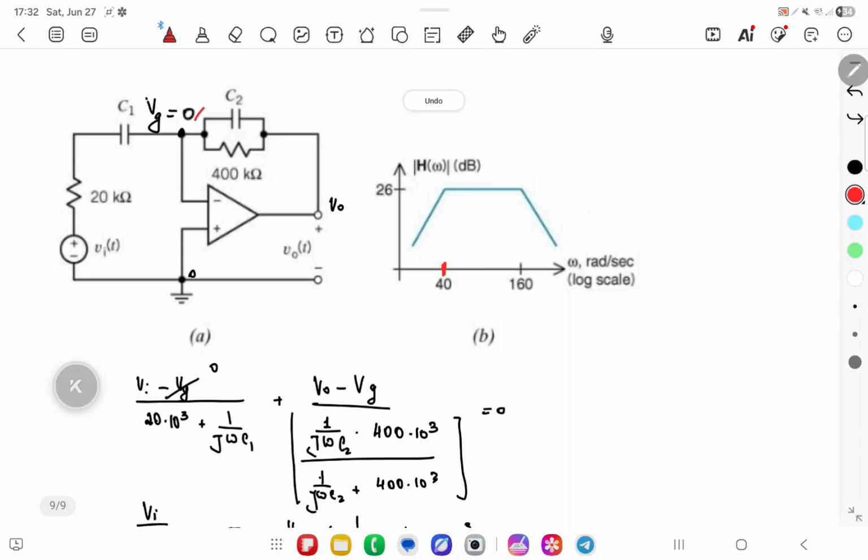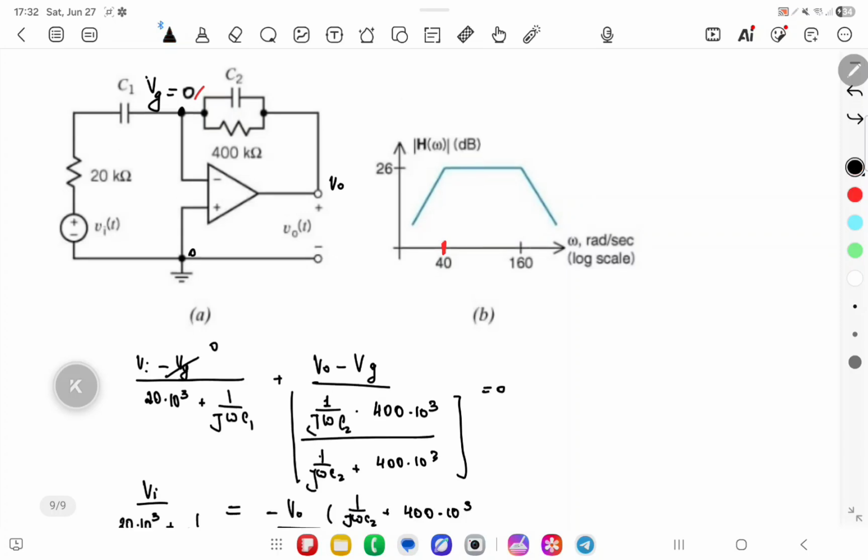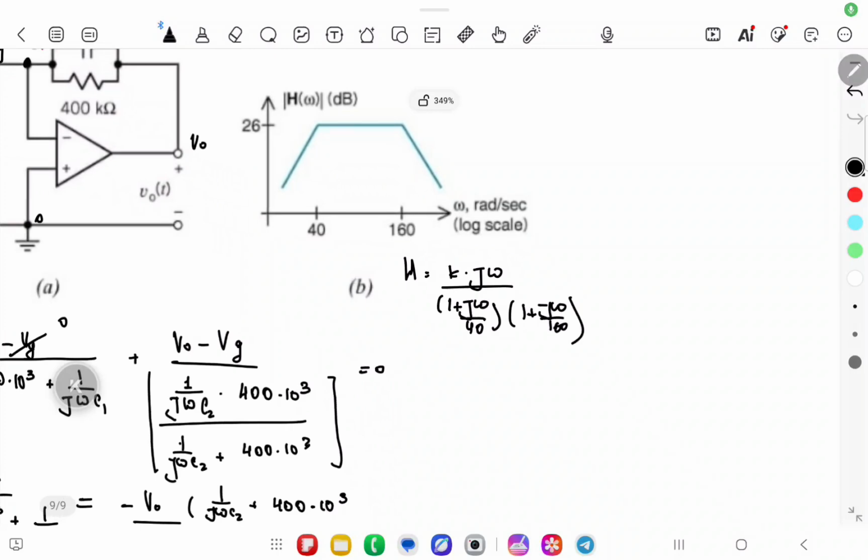So assumably our network function will be k multiplied by j omega, over 1 plus j omega over 40, times 1 plus j omega over 160. You may wonder, and this is a fair question, where does this term j omega come from?